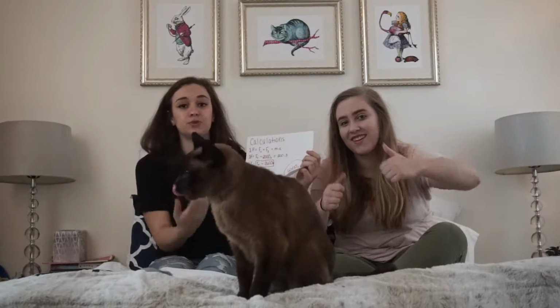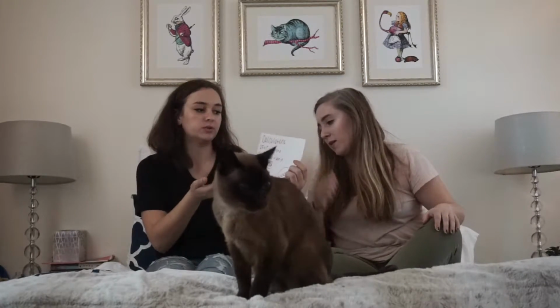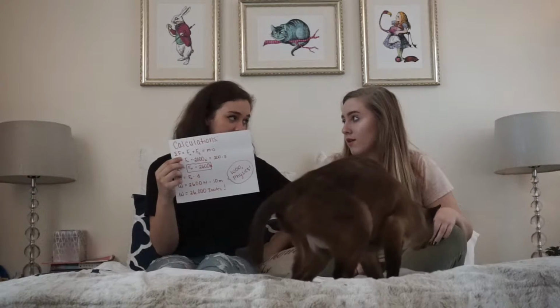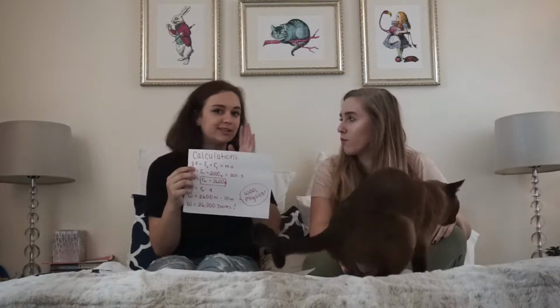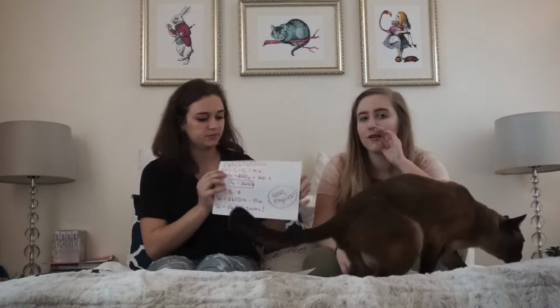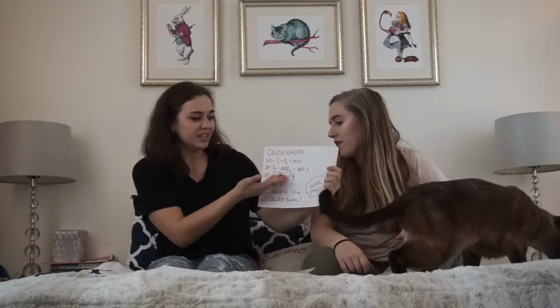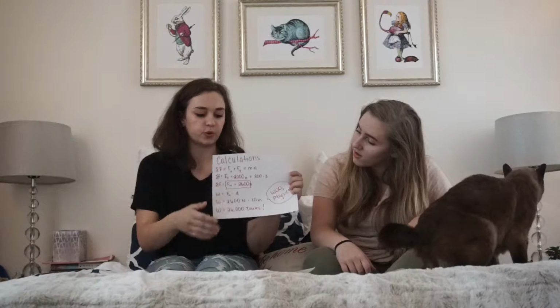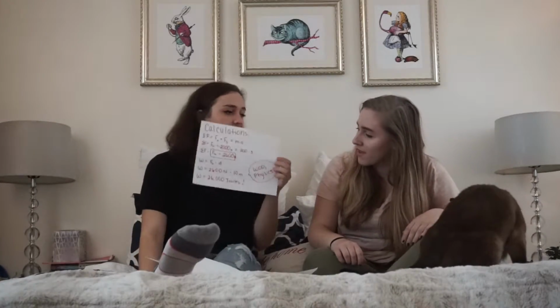So if you subtract 2,000 newtons, and we know the mass is 200 kilograms and the acceleration is 3 meters per second squared, that equals 600. So, if you add 2,000 to 600 to get the normal force, you get 2,600 newtons!